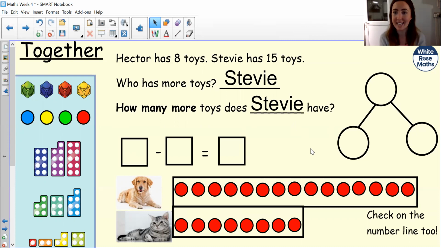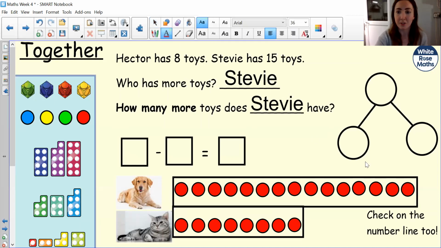Okay, so shall we see how many toys Stevie has first? Let's count them. 1, 2, 3, 4, 5, 6, 7, 8, 9, 10, 11, 12, 13, 14, 15. So Stevie has 15 toys.